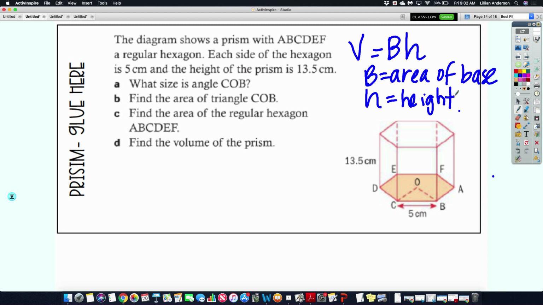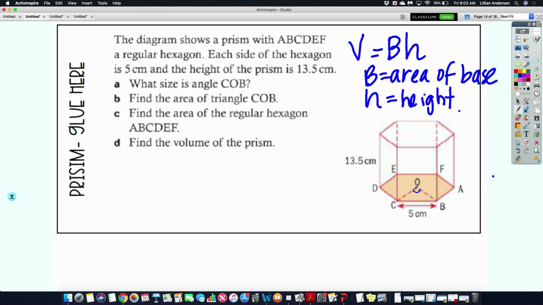Okay, so each side of the hexagon is 5. So that means all those sides, AB, AF, EF, and so on, are all 5. And the height of the prism is 13.5, as we can see in this picture. It says, what is the size of angle COB? We're looking for this angle right here.